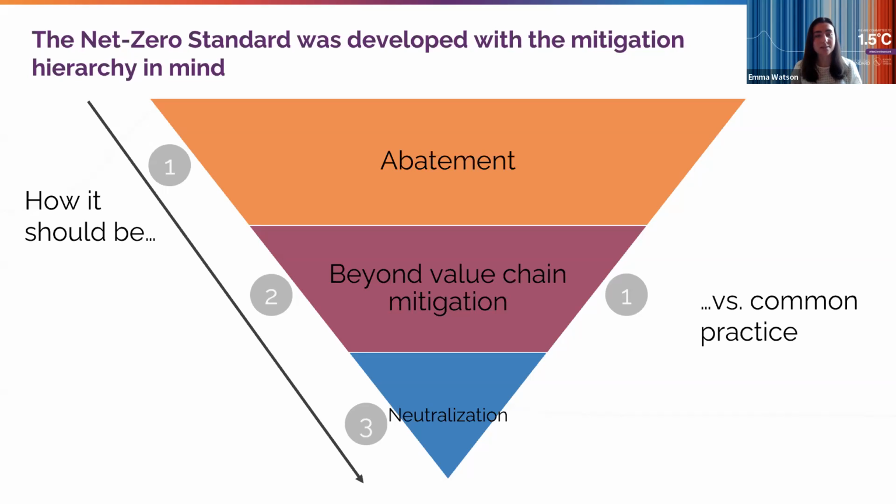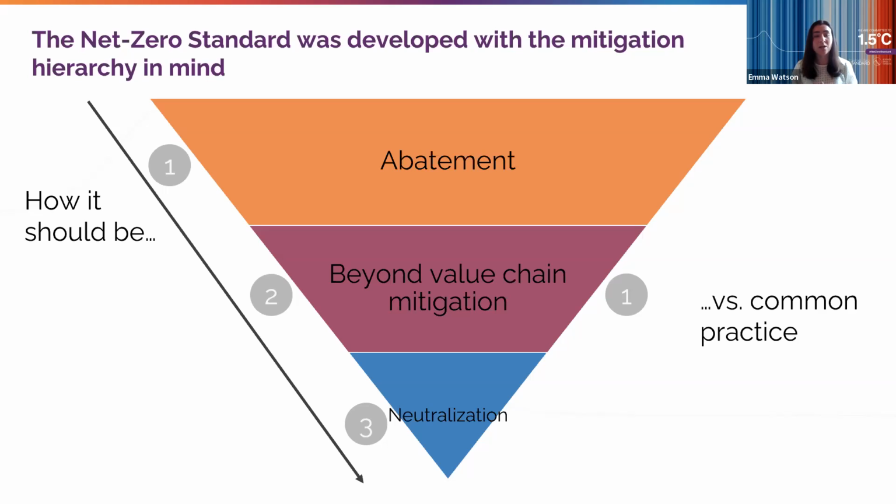The next piece is the beyond value chain mitigation. So if you've measured your greenhouse gas emissions, you're reducing them in line with science, the next thing to do would be to look beyond your value chain and see how you can mitigate emissions to contribute to global societal net zero goals.